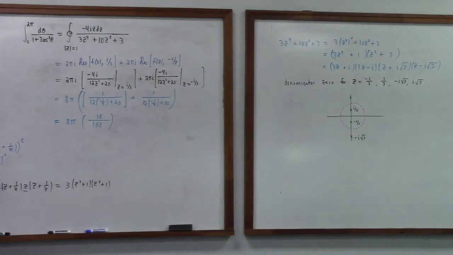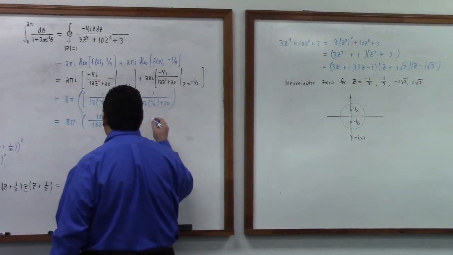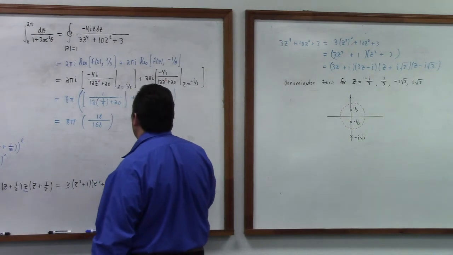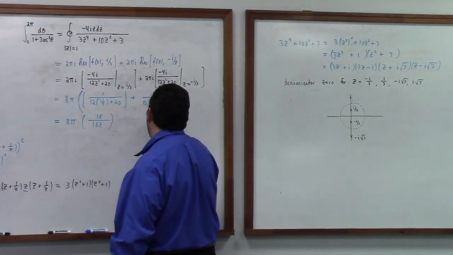And so 18 168ths, which I think probably reduces. 12 times 1/9 is 4/3, so it's minus 4/3.